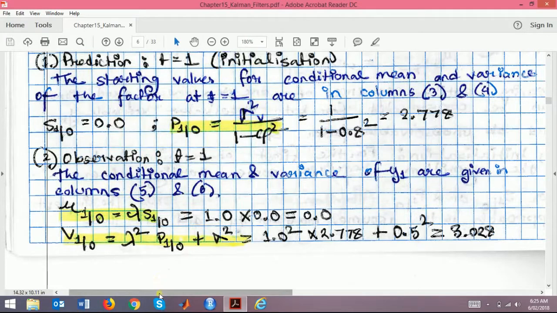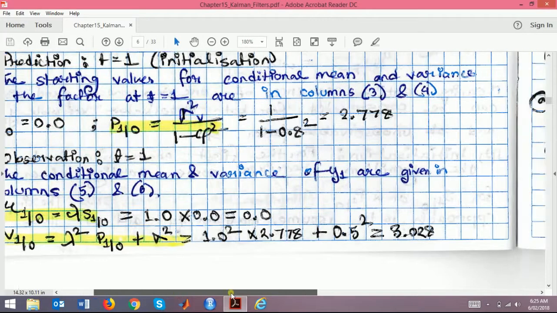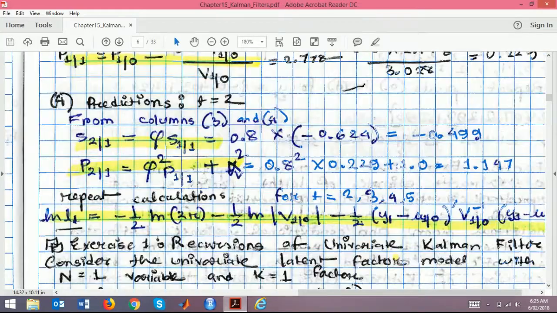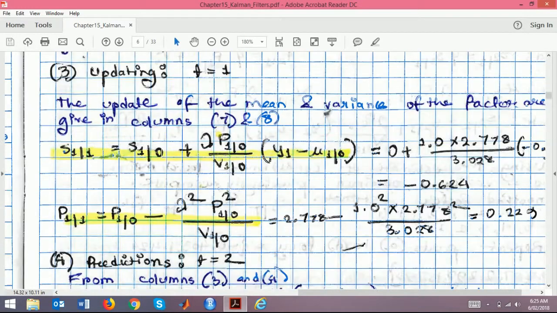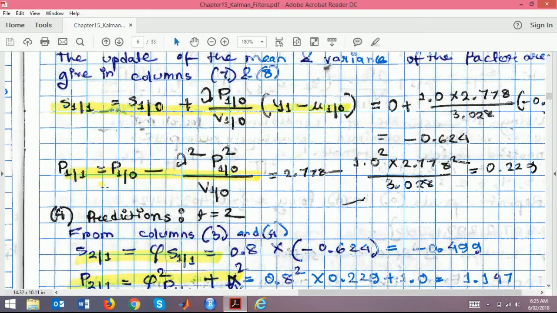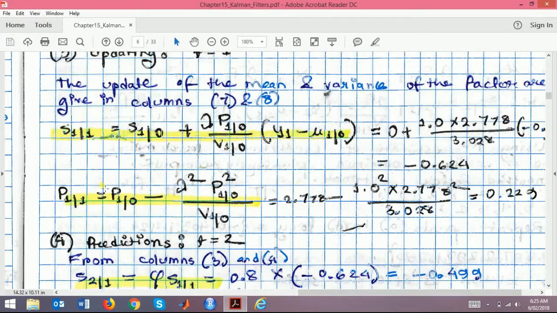The observation gets updated with the equation that we just talked about, and the forecast error is simply y1 minus mu10. Very simple. Then for t equals 1, S11 becomes S10 plus the Kalman gain kappa, lambda P10 divided by V10, times y1 minus mu10, the forecast error, and then P11. In updating, so first comes what?